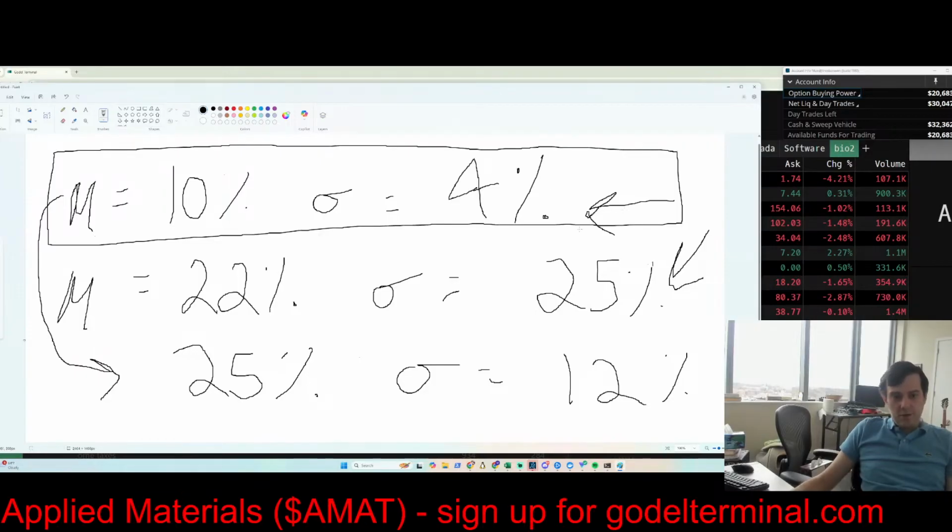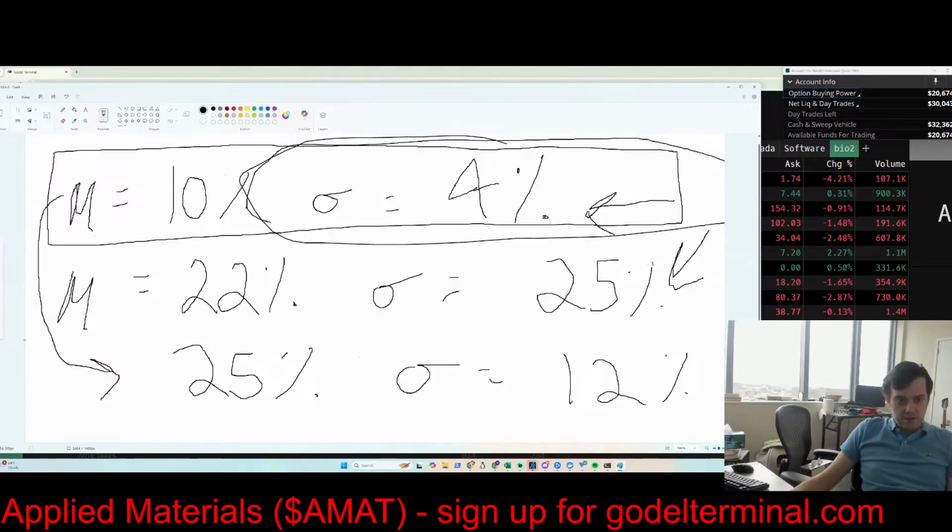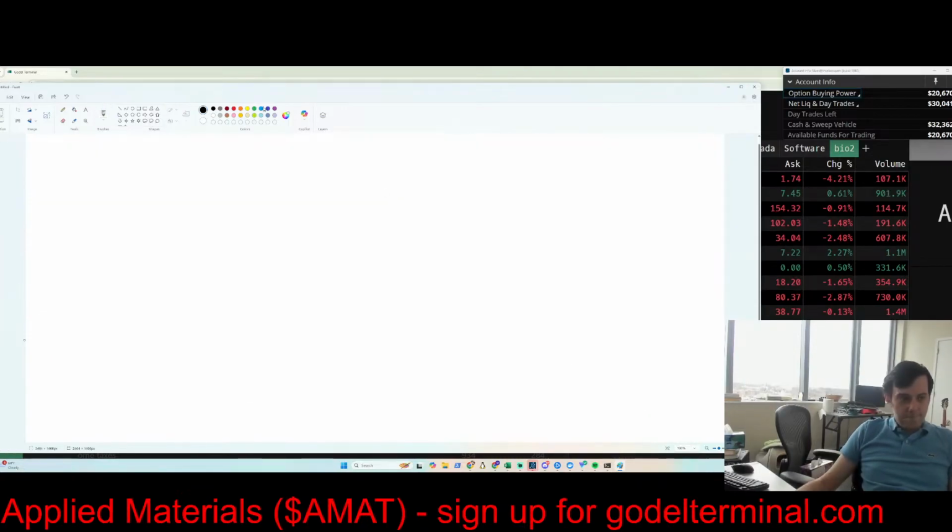Now, position sizing is somewhat indirectly related to this, but it does help you control variance, at least the volatility. There's a lot of things to think about when it comes to position sizing.